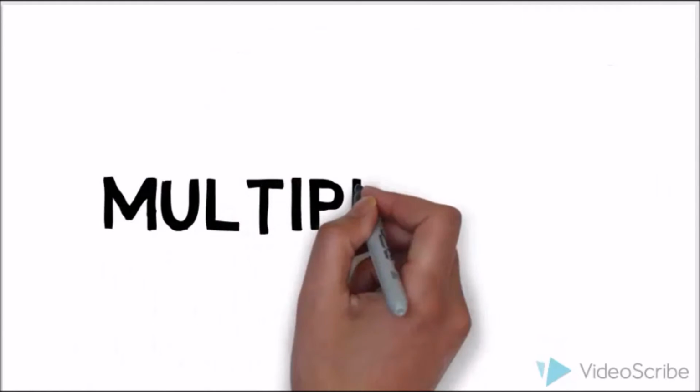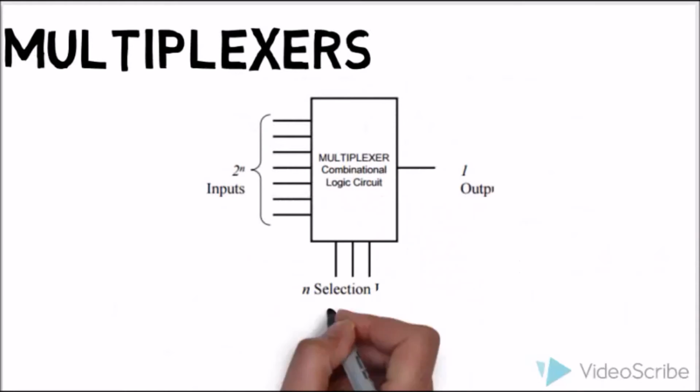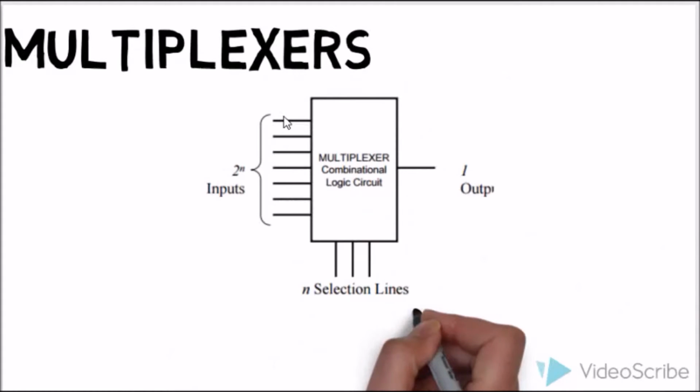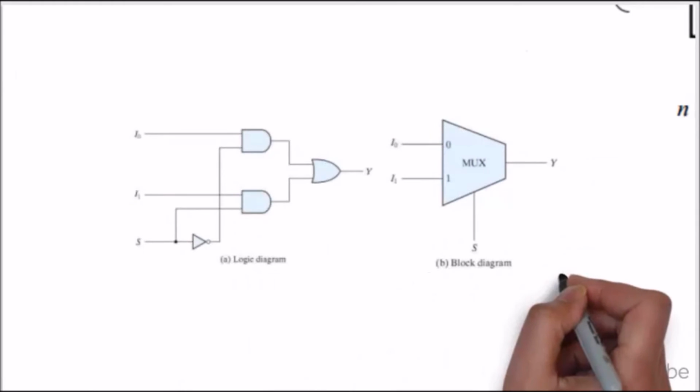Then we have the multiplexers. This is an example of a multiplexer. As you can see, you have 1, 2, 3, 4, 5, 6, 7. You have 7 inputs to 1 output. This is the easiest way to explain it.